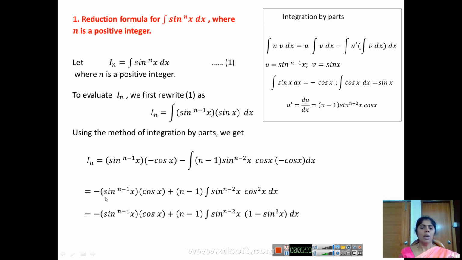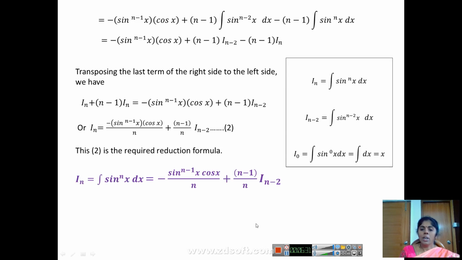And again here we are having minus, so we can rewrite in this form: minus sine to the power n minus 1 of x into cos of x plus n minus 1 of integral sine to the power n minus 1 of x into 1 dx, we can write as one term, and minus sine to the power n minus 2 of x into sine square of x can be taken as sine to the power n of x into dx. That we can observe in this next expression.